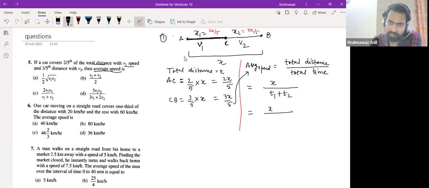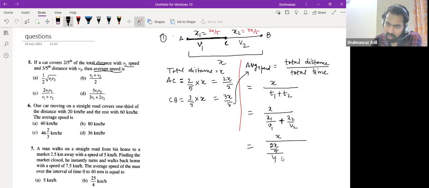So t1 is x1 divided by v1. And Martin, what would be the second time? x2 divided by v2. Now we know the value of x1, which is 2x by 5 divided by v1, and x2 is 3x by 5 divided by v2.